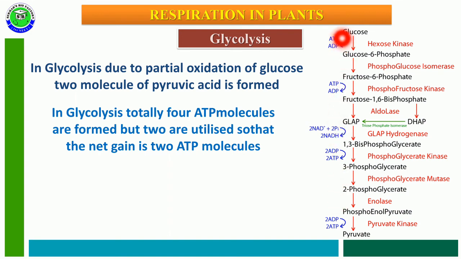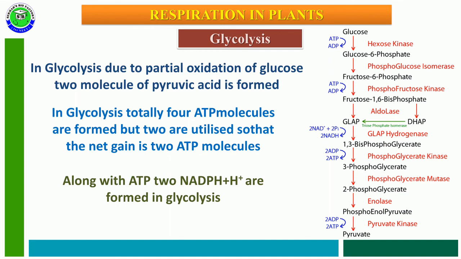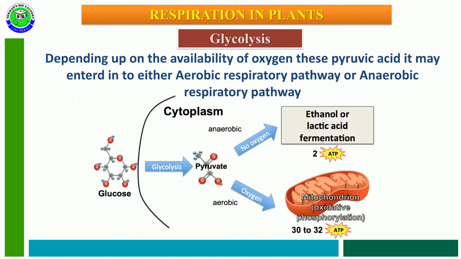But in the first and third reactions, due to utilization of 2 ATP molecules, the net gain is 2 ATP molecules. Along with this, we can observe there is a formation of 2 NADH plus H plus molecules in glycolysis. So the net gain of glycolysis is 2 ATP and 2 NADH plus H plus molecules.